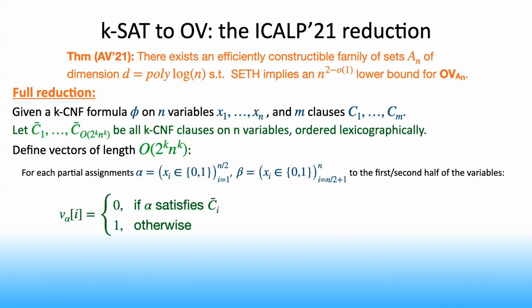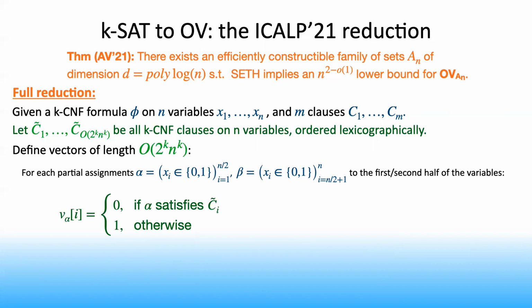For each one of the c tildes, there will be a coordinate in the vectors. As before, for each partial assignment alpha to the first half of the variables, there's a vector, and there's a vector for each partial assignment beta to the second half of the variables.